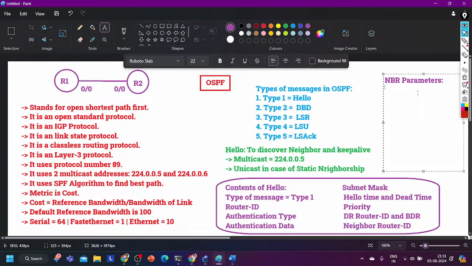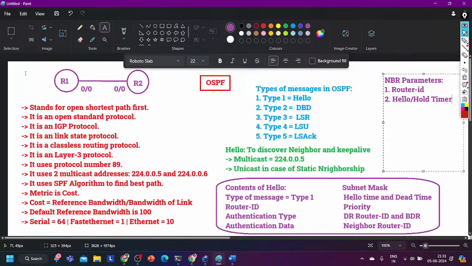The first parameter is the router ID. The router ID must be unique. If you have configured the same router ID on router number 1 and router number 2, these two routers are not going to become neighbors. The second parameter is hello and hold time. The timers must match, right?